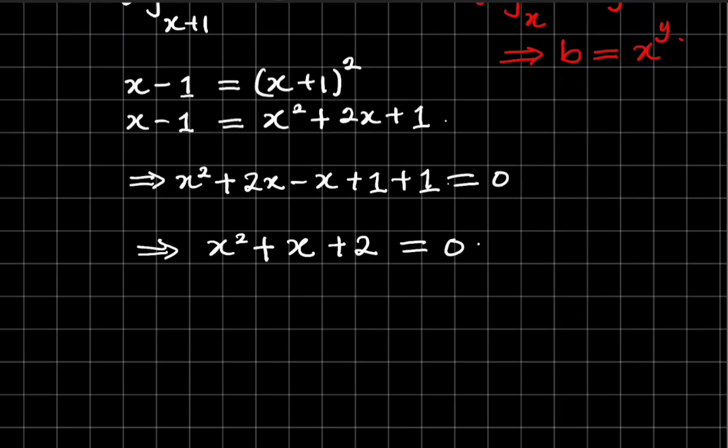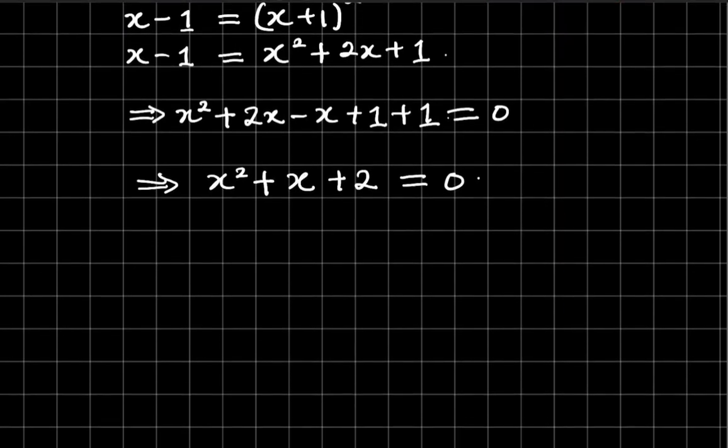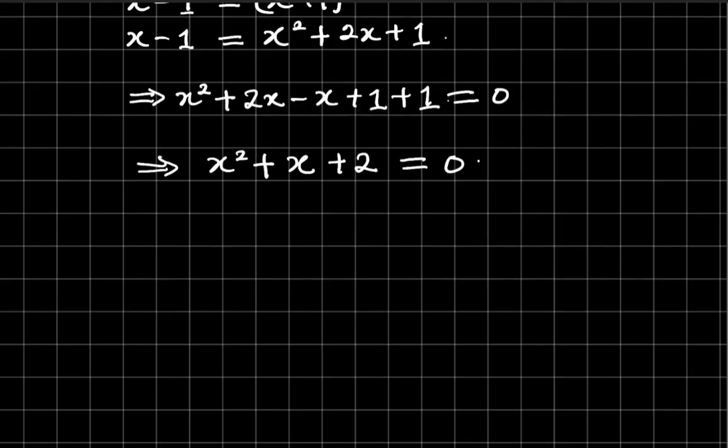So we can easily use our general formula that says x is equal to negative b plus or minus square root of b squared minus 4ac all over 2a.